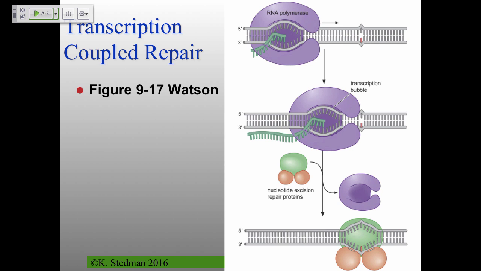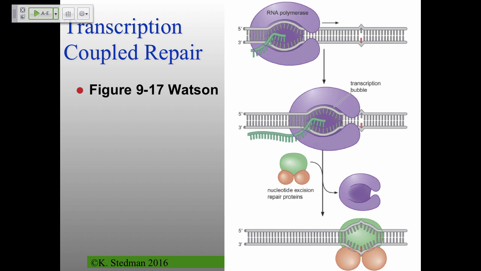And that is because transcription is so important, again, making these RNAs, that if the RNA polymerase runs into a problem, it wants to repair that problem, because it's clearly something which is being made into RNA. It's presumably now an important kind of protein which needs to be made.